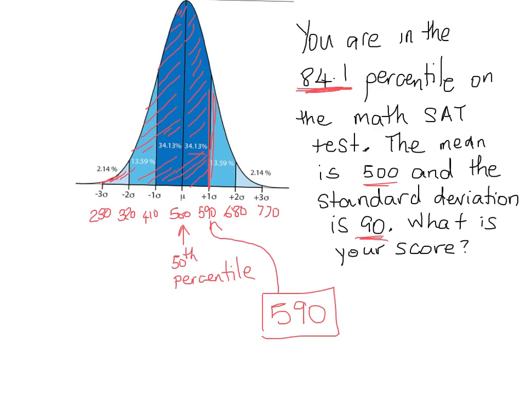Okay, so now you may be wondering, what are we supposed to do if you're not asked about a nice, neat score like one of the scores that are down here? So far, everything we've looked at has fallen exactly 1, 2, or 3 standard deviations below or above the mean. So it's been a question maybe about between 500 and 680, or between 320 and 410.